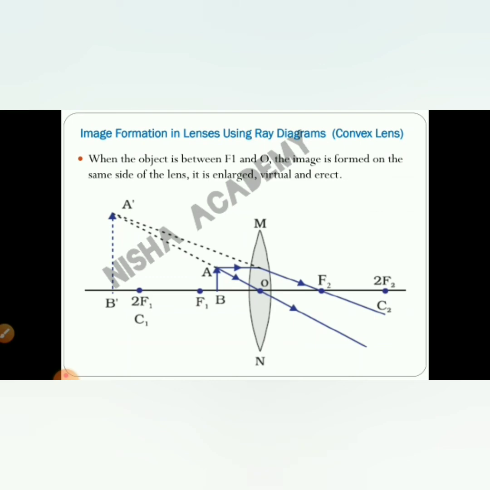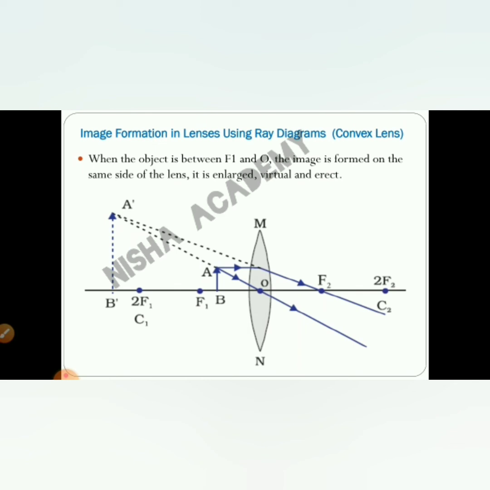And the last case we observe for the convex lens. Here we put the object between focal point f1 and optical center O. Now when we put the object between f1 and O, again take the two rays, one parallel to the principal axis and another passing through the optical center O. You can see that both rays after refracting go away from each other.